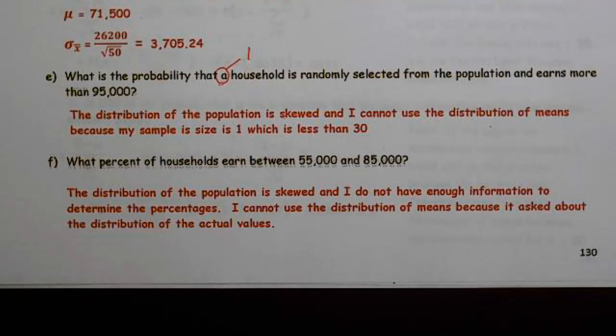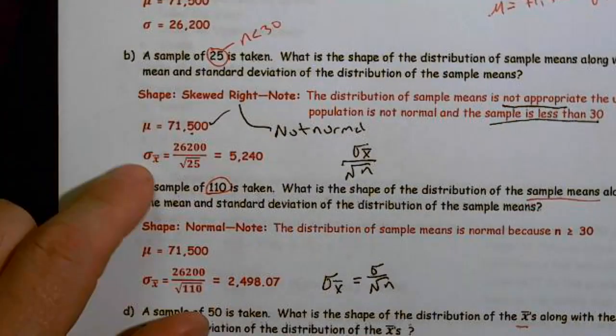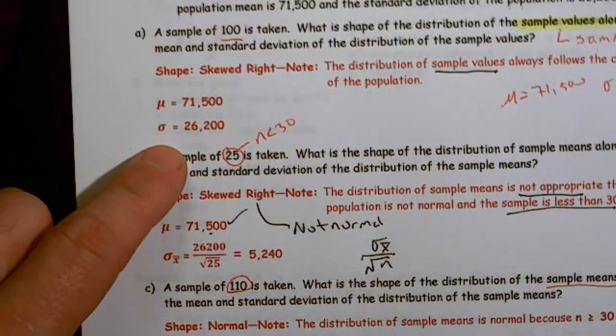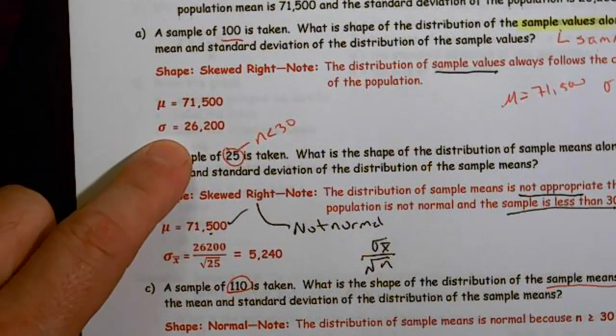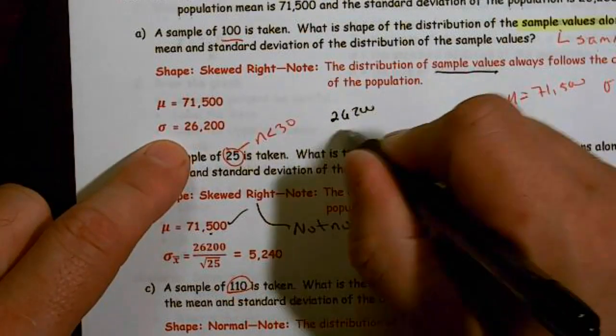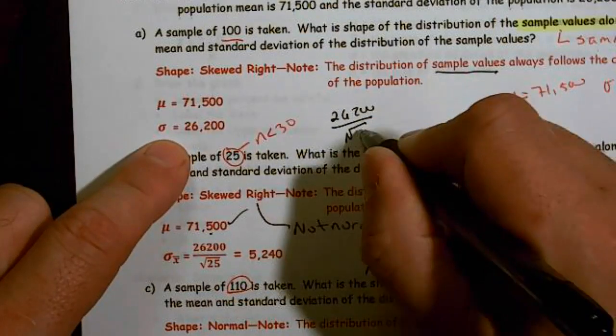Okay, so central limit theorem. Sample size must be 30 or larger, or the underlying population must be known to be normal. The mean is always the mean, and the standard deviation is the standard deviation divided by the square root of n. And that's even really true for a sample size of 1, because really 26,200 divided by the square root of 1.